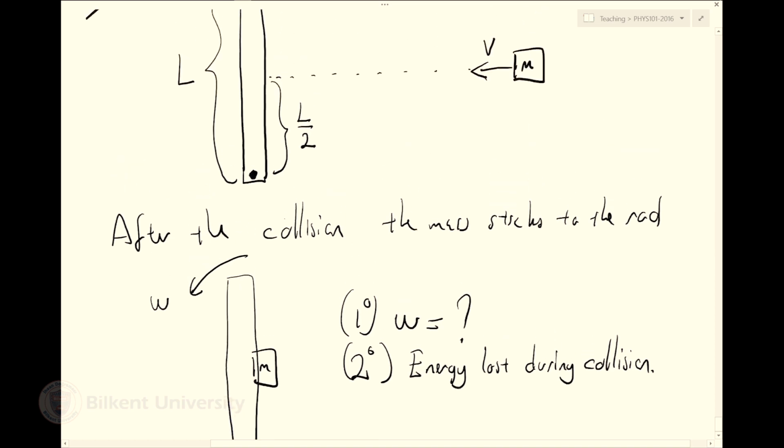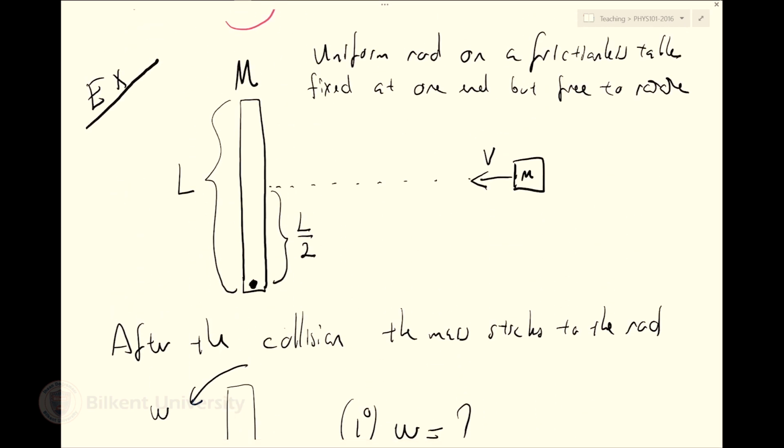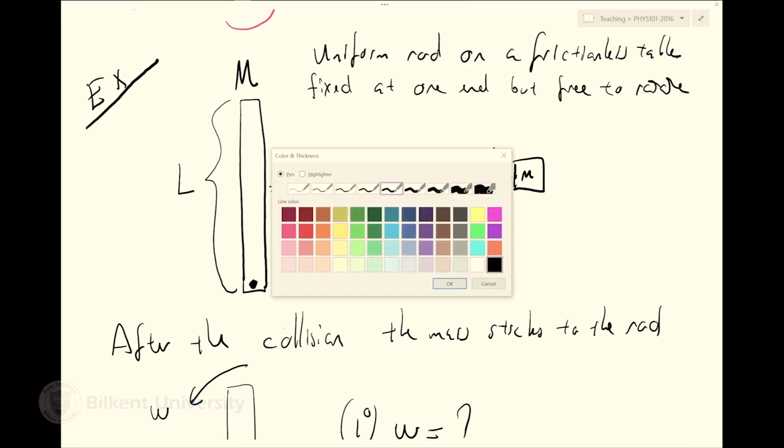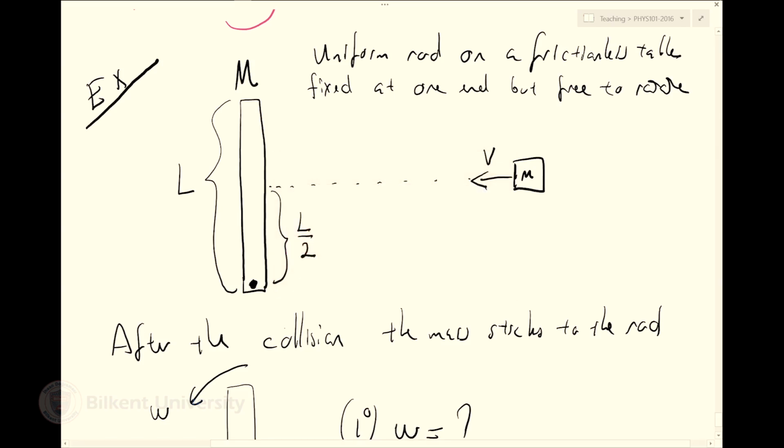Now, first of all, what should be our guiding principle here? Let's think. We need a conserved quantity, right? Because we are going to describe the collision process, and in a collision process, we don't really know what kind of forces are at play during the collision.